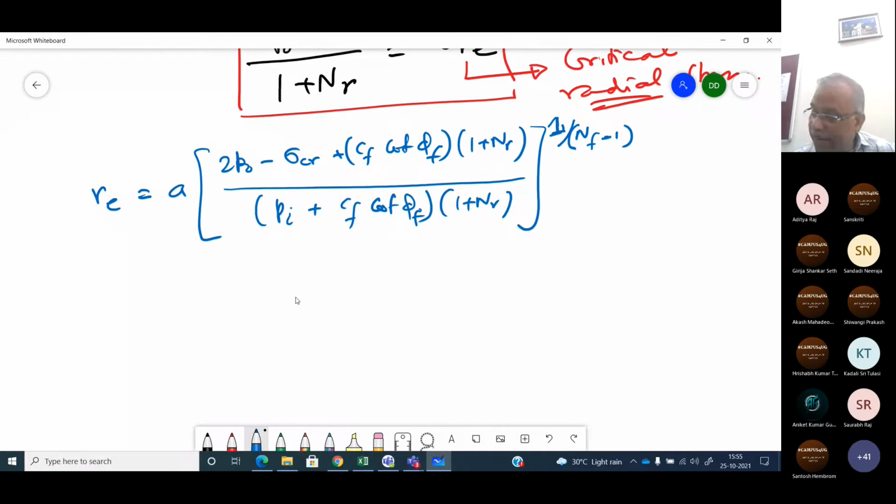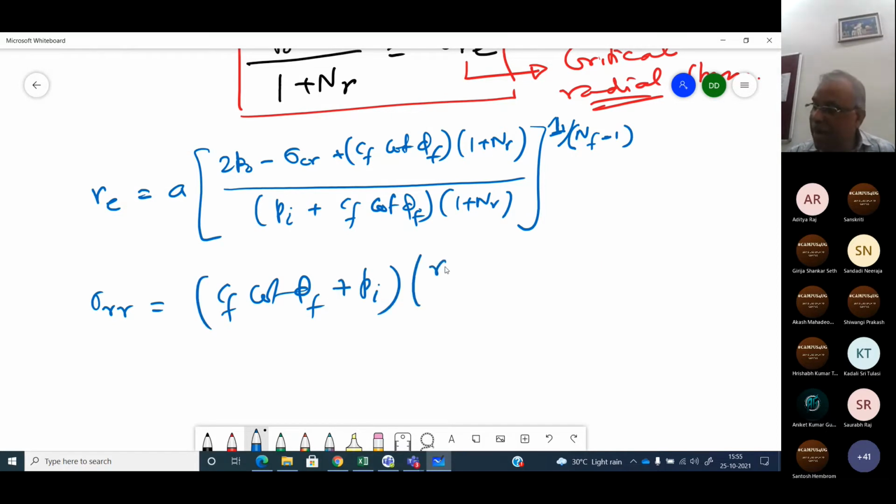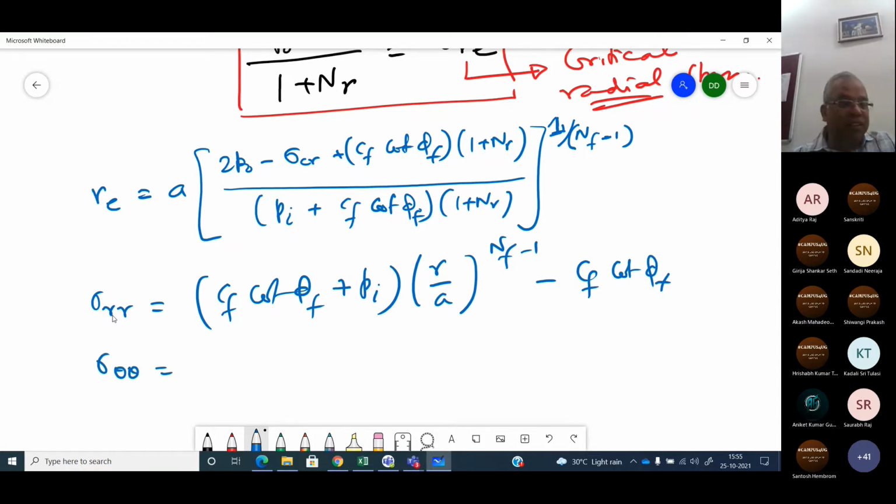Inside the plastic zone, I can write sigma RR is equal to CF cot phi F, that initial formula, R by A to the power NF minus 1, minus CF cot phi F, and sigma theta theta will be restricted by this sigma RR, by sigma CF plus NF sigma RR.